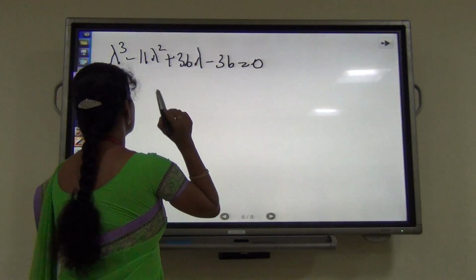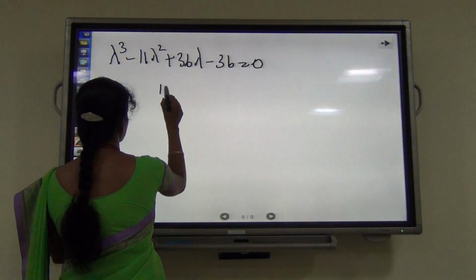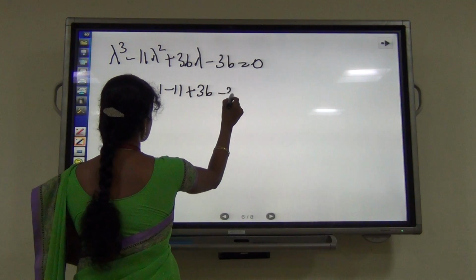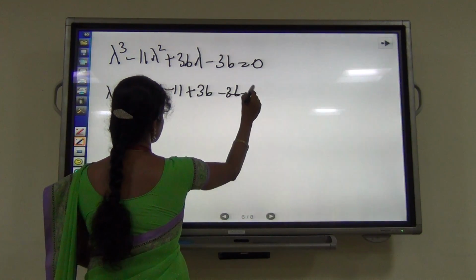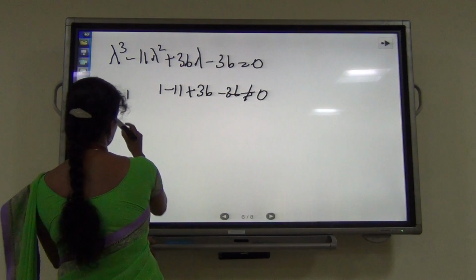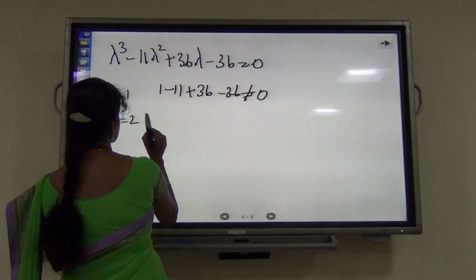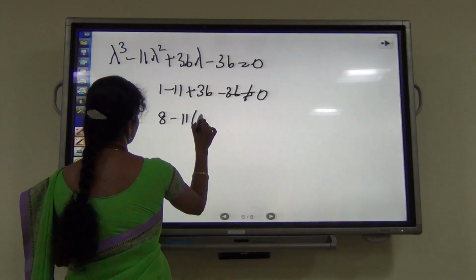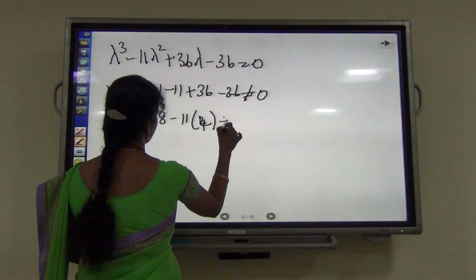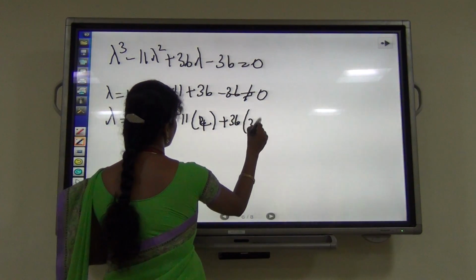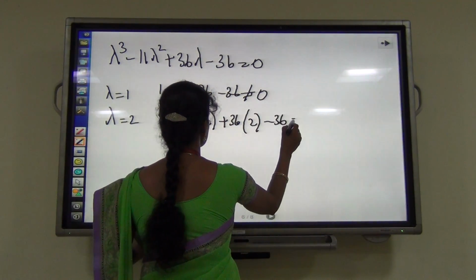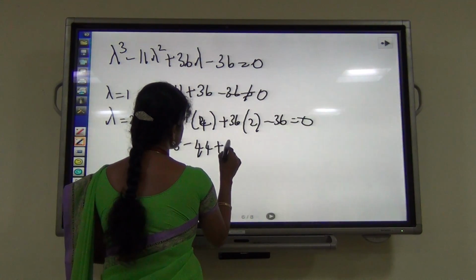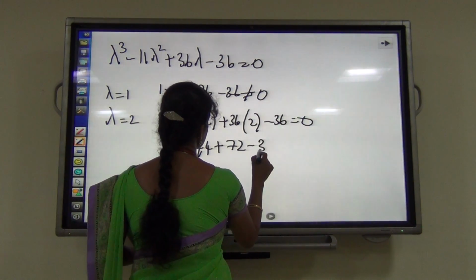Let's try 1. So as we try 1, it is 1 minus 11 plus 36 minus 36. So it is minus 10, which is no way equal to 0. Let us try with 2. So as we try 2, it is 8 minus 11 into 4 plus 36 into 2 minus 36, which is 8 minus 44 plus 72 minus 36.